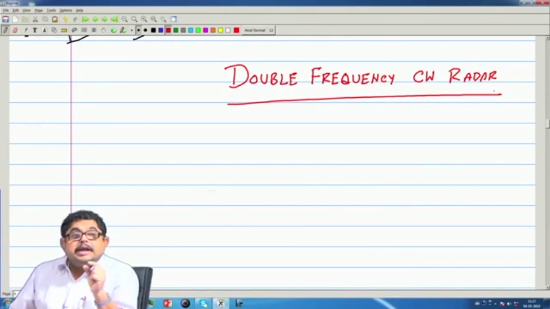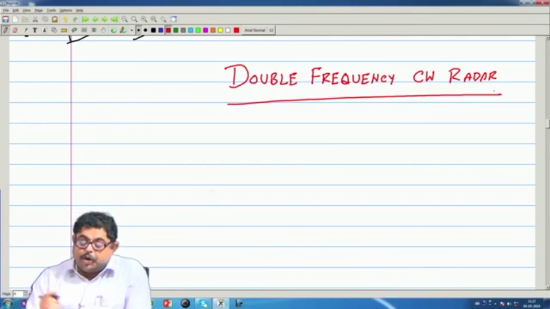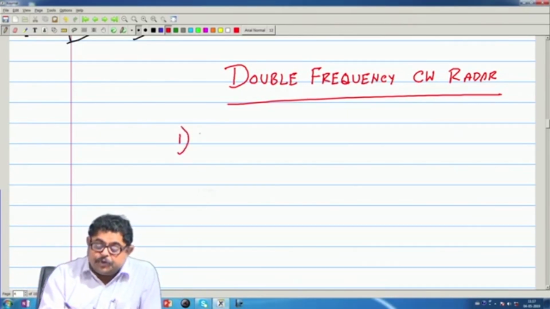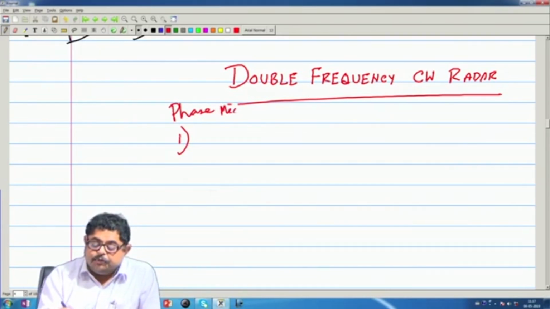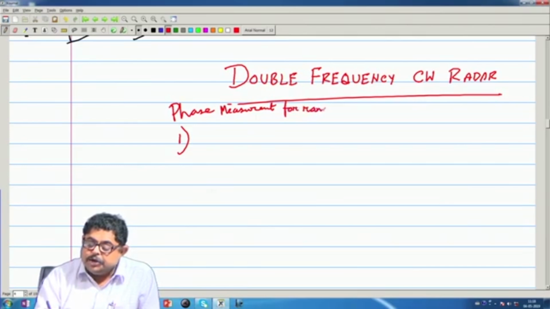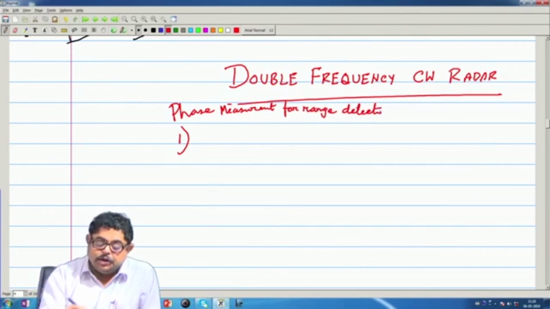Another thing is that phase measurement. So, two problems. First thing I will say that this is a phase measurement we are doing for detecting range, phase measurement for range detection, number 1 in this principle.